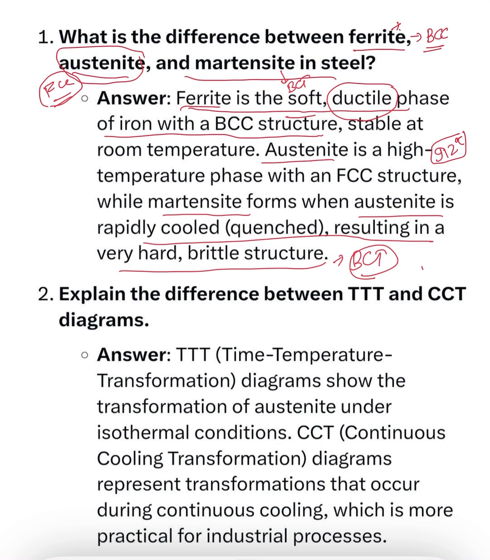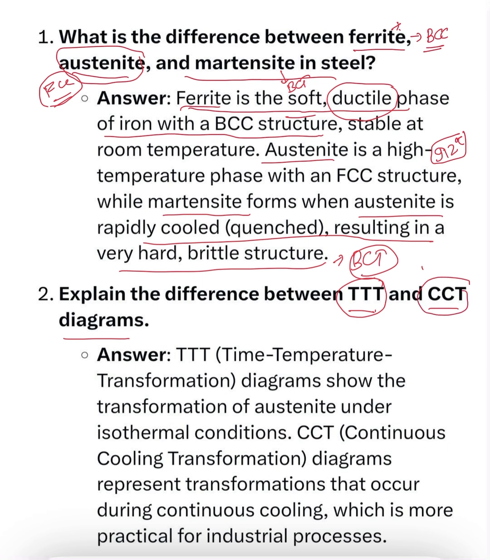The next question is, explain the difference between TTT diagram and CCT diagram. The TTT diagram is the time temperature transformation diagram, and the CCT diagram is continuous cooling transformation.